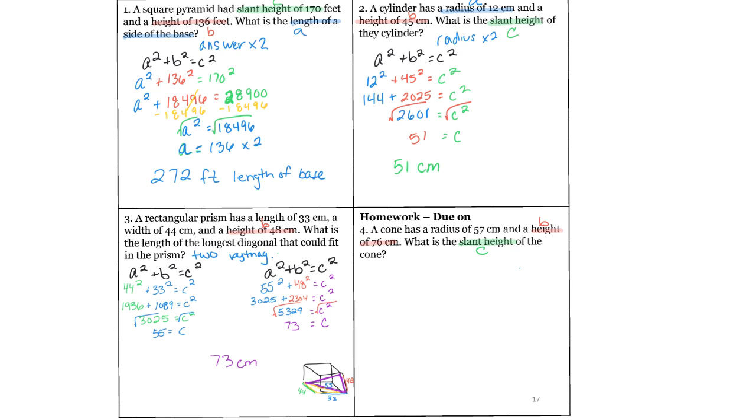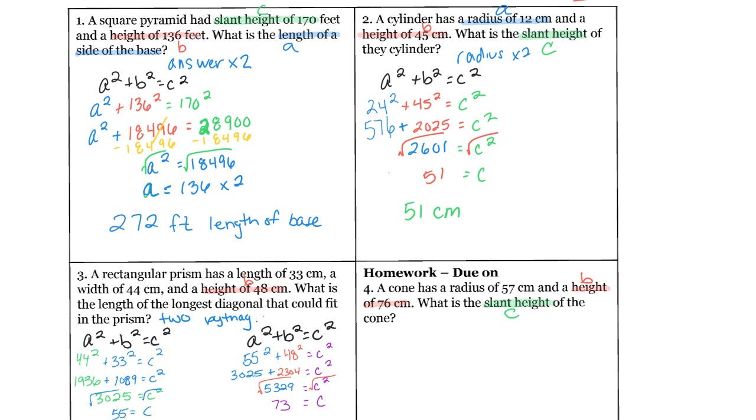Number 2 was a cylinder, so you had to remember that you need to multiply your radius times 2 because your A is actually equal to your diameter, okay? So you needed to plug in a 12. So hold on, let me fix that. Okay, so you plugged in 24 for A because it's twice the radius, and you should get that the slant height of your cylinder is 51 centimeters.